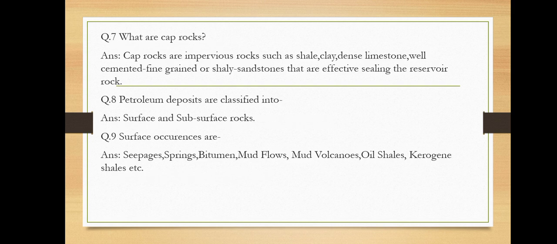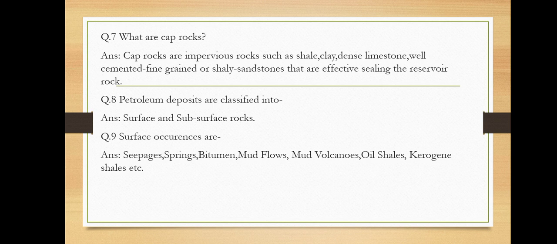Now let's move on to the next question. Question number 7. What are cap rocks? Cap rocks are impervious rocks such as shale, clay, dense limestone, well cemented, fine grained, or shaly sandstones, which are very effective in sealing the reservoirs. They act like a sealing or capping material over the reservoir rocks.